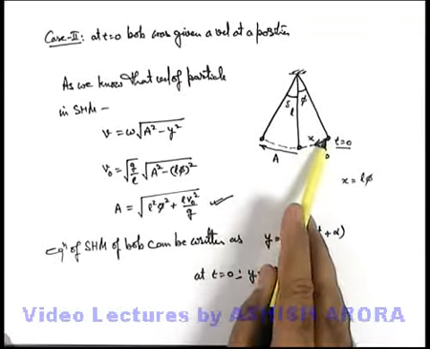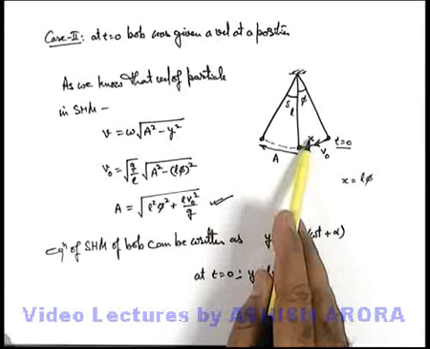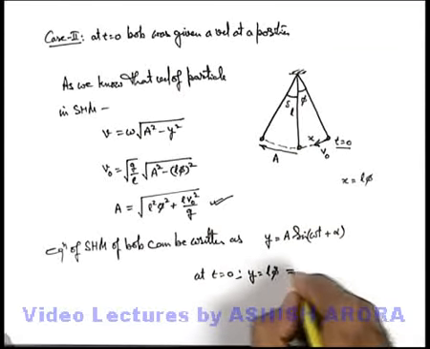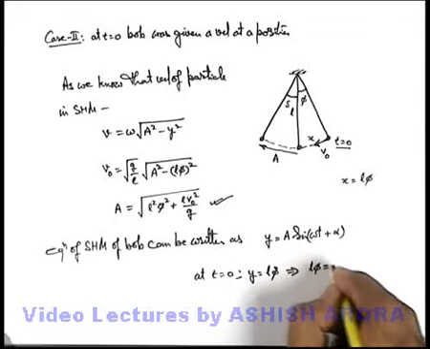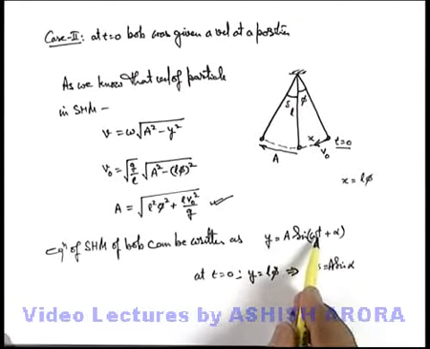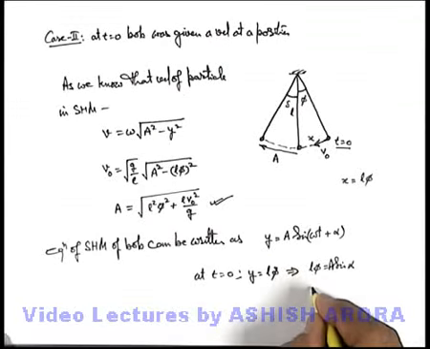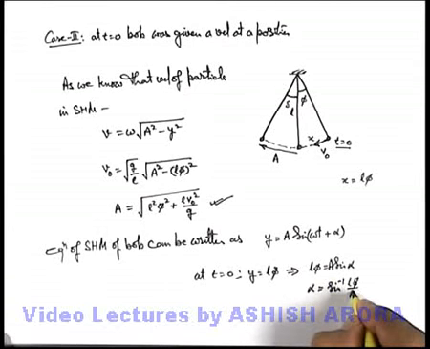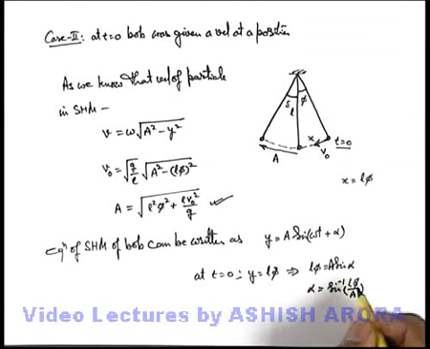At t equal to 0 the displacement of the particle can be written as x, or it is L phi. So on substituting here we'll get L phi equals A sine alpha. If we substitute t equal to 0 and y equal to L phi, here alpha we are getting as sine inverse of L phi by A.